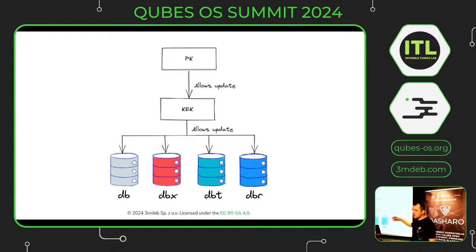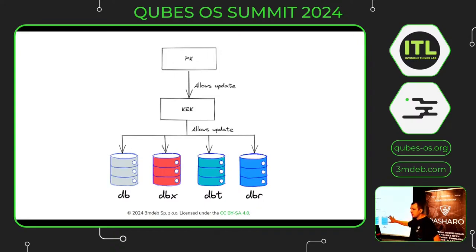DBX is a database which holds denied ones. So you put the hash there, or the hash of the X.509 certificate there, and in that way UEFI Secure Boot, if it sees that, already says this is a security violation if anything is in DBX.